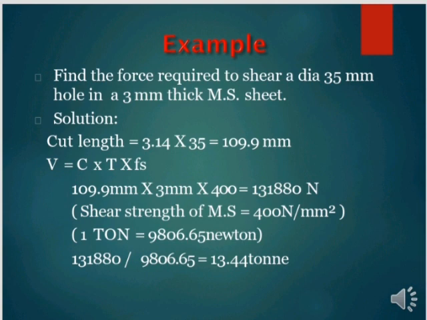Find the force required to shear a dia 35 mm hole in a 3 mm thick MS sheet. Here, cut length is equal to 3.14 into 35, which is 109.9 mm, and we know V is equal to C into T into Fs.